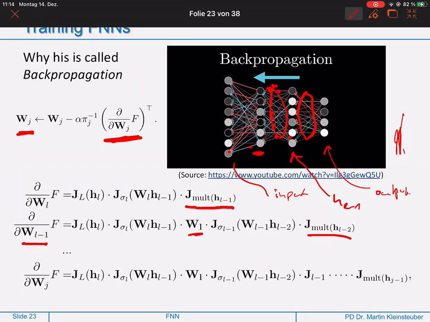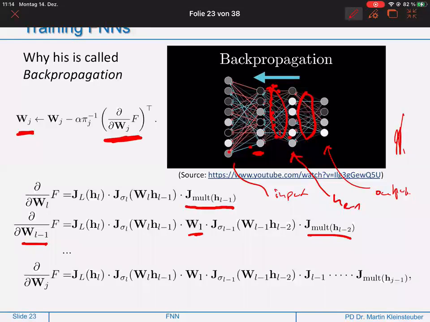Right? This is where the name comes from. So actually it's that you start with the last weights, and then you go to the second last weights and propagate this error back to the first layer.